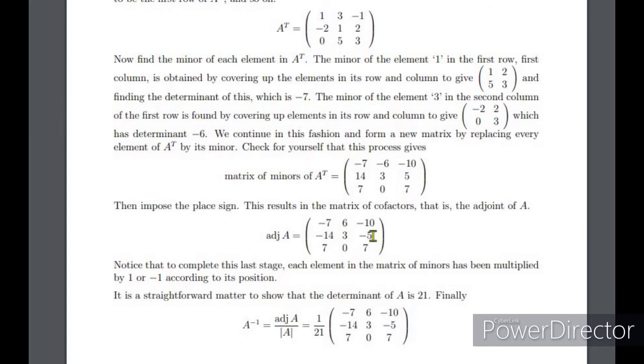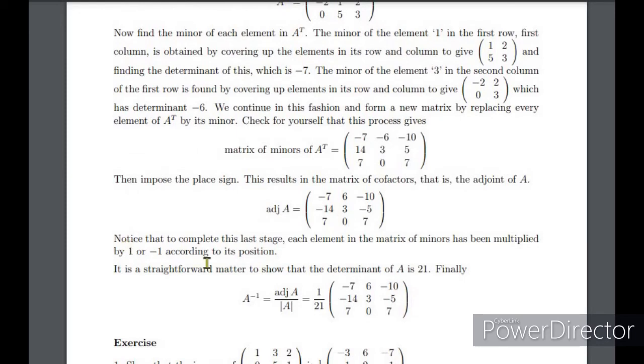So you will just apply the rules of the sign. So 14 becomes negative, okay? 3, the same. 5 becomes -5. Next, 7, the same. 0, the same. 7, the same. Okay, so we have now our adjoint of matrix A.